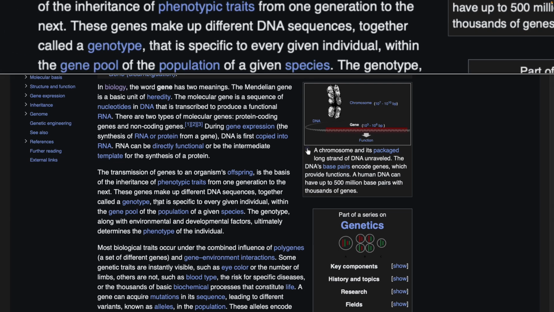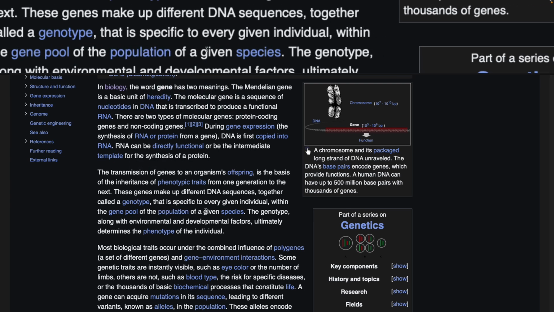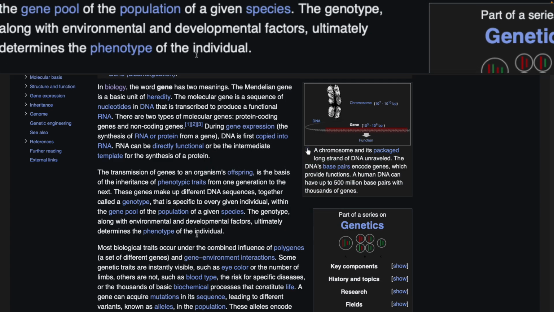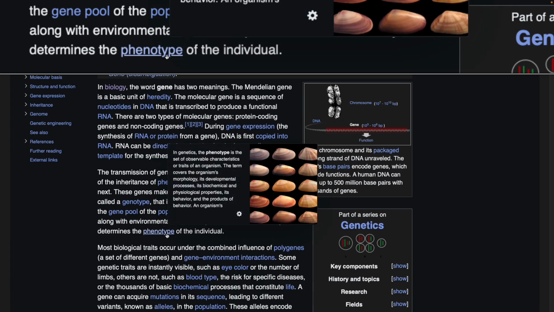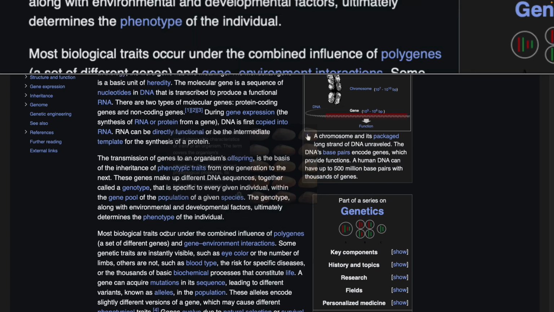Notice how many of these are linked: genotype, gene pool, population, and species. The genotype, along with the environmental and developmental factors, ultimately determines the phenotype of the individual. Each one of these is its own little thing, its own wiki.